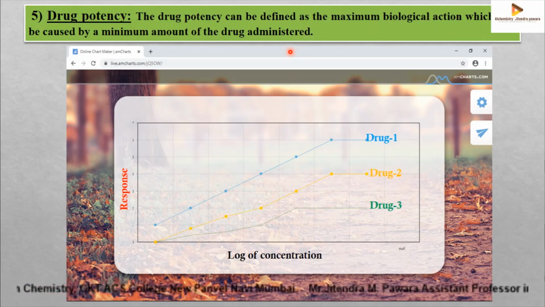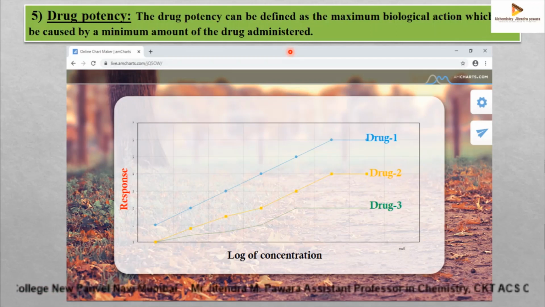So by using potency you can relate the activity of drugs having the same physiological activity. We have taken an example to understand drug potency. For example, both codeine and morphine are used as pain relievers.